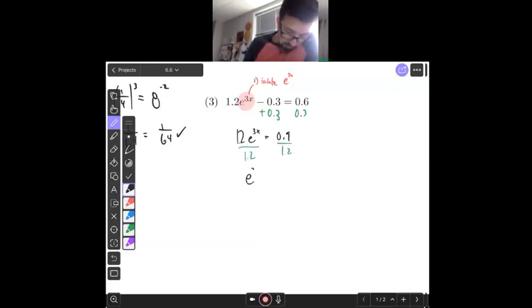So e to the 3x equals, now 0.9 divided by 1.2 is the exact same thing as 9 divided by 12, if we just move the decimal place once on each one. Since I'm doing the same thing to both, it's okay. I'm not changing anything, just changing the way it looks. And so 9 over 12, what's 9 over 12 reduced to?